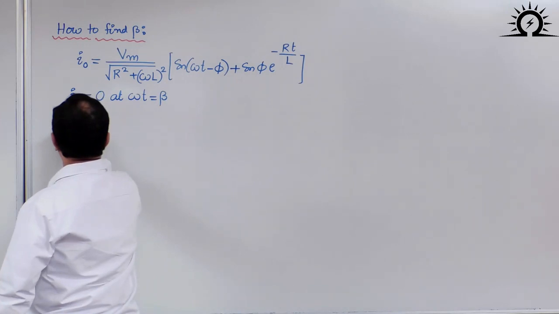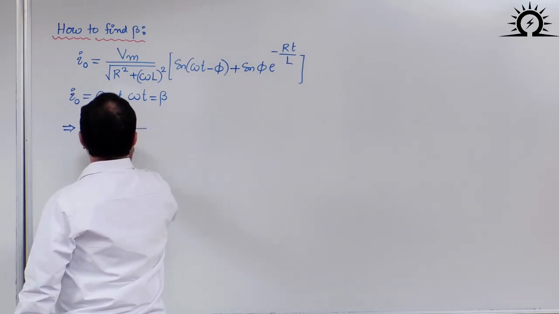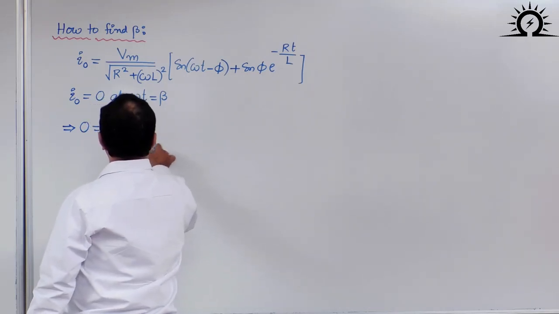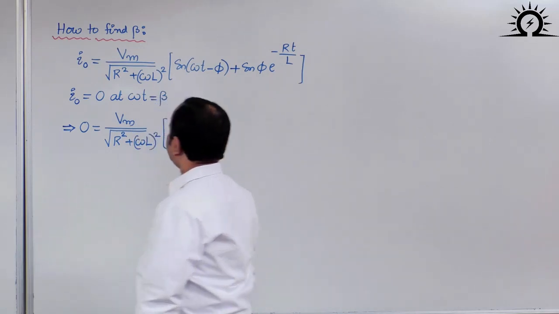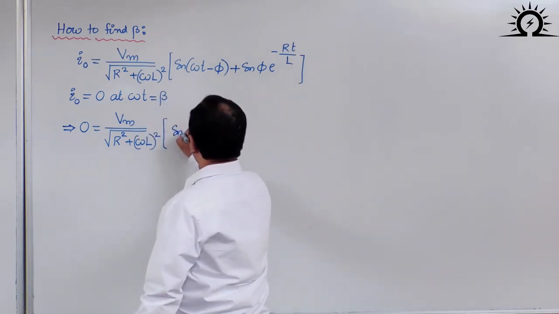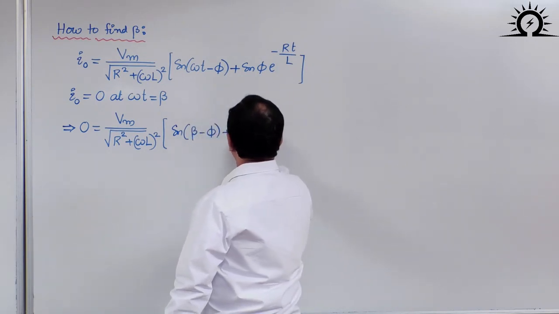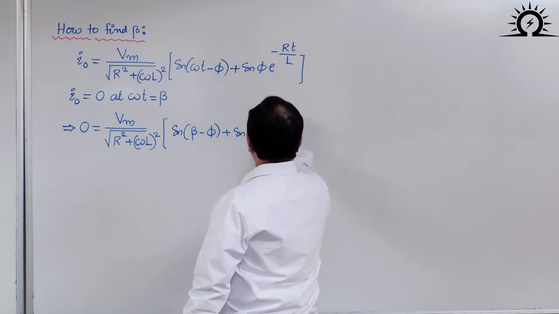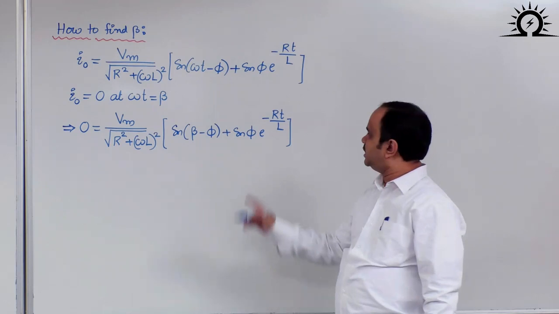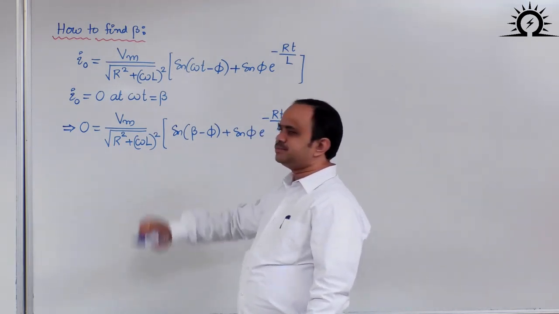Therefore, if you substitute that, left hand side is 0, right hand side is Vm divided by root of R square plus omega L whole square, multiplied with sine of beta minus phi plus sine phi into e power minus Rt by L. Anyhow, the product of these two terms is 0.